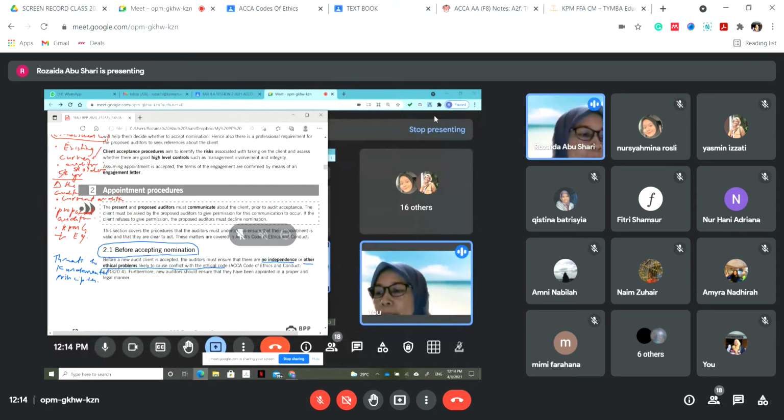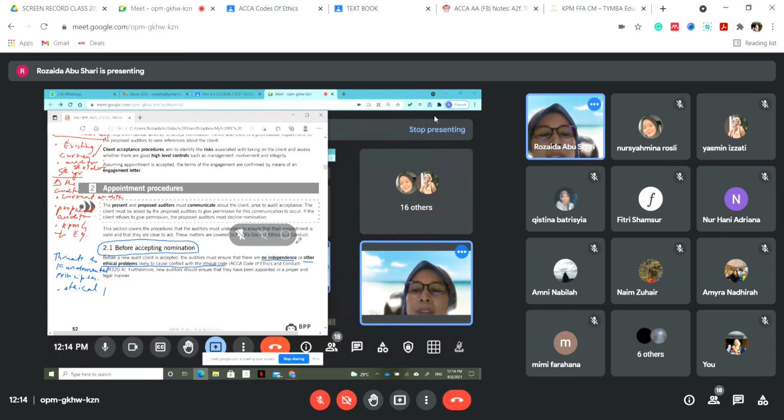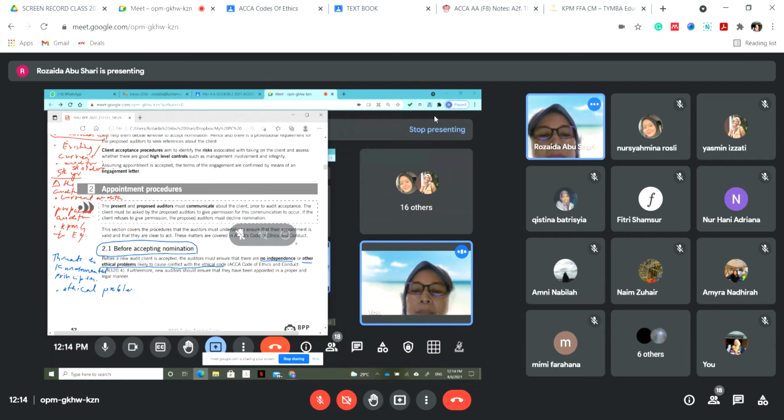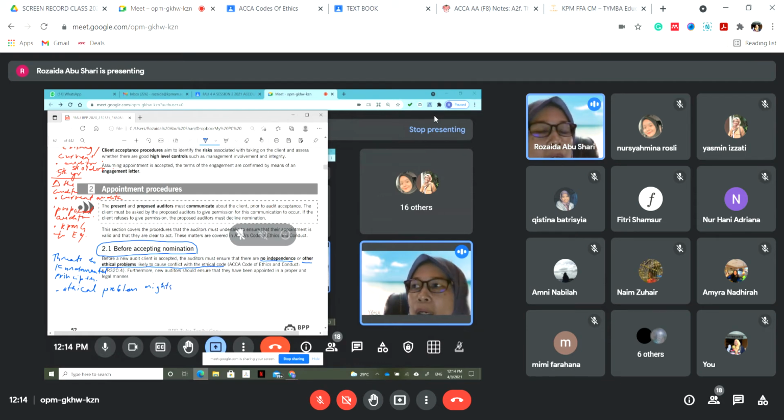Okay, for other ethical problems, you have to look at the examples of threats given in the previous chapter. If you are serving on the board of directors in that client company, if you have a relationship and so on, some of these ethical problems might disqualify you from becoming the auditor.